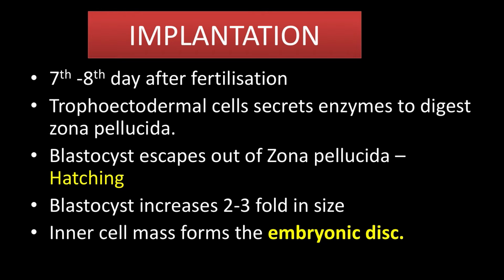The blastocyst that has already been formed comprises 2 layers, as we had already discussed, the trophoblast and the embryoblast. The trophoblast or the trophoectodermal cells will secrete enzymes that will digest your zona pellucida.